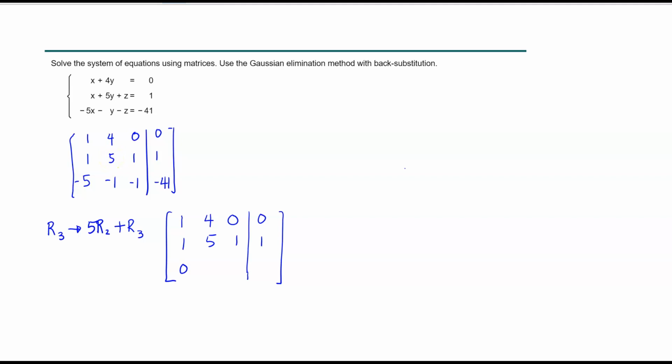And then 5 times 5 is 25 plus negative 1, so that becomes 24. And then 5 times 1 is 5 plus negative 1 is positive 4. And then 5 times 1 is 5 plus negative 41 is negative 36. So this is now our new matrix.